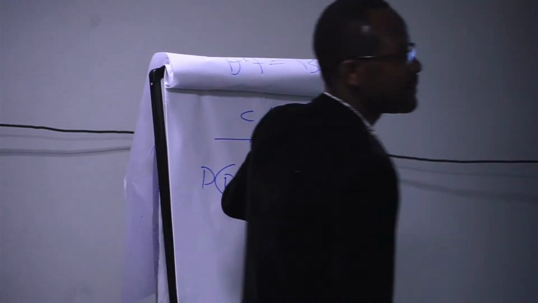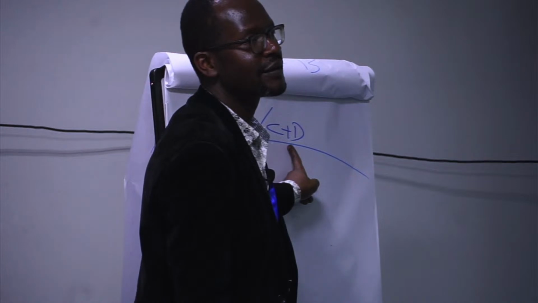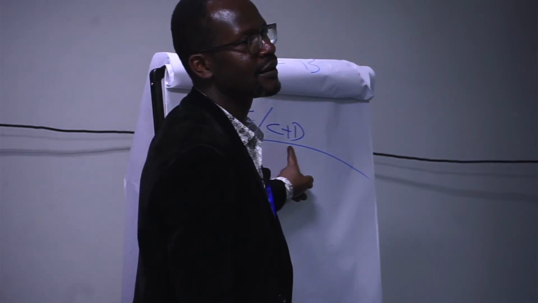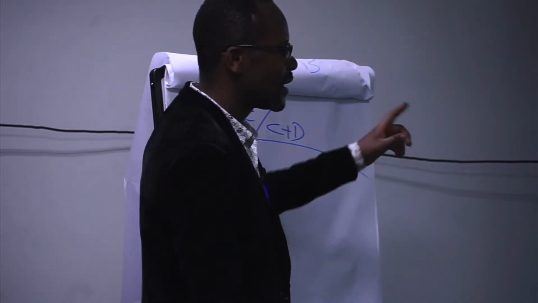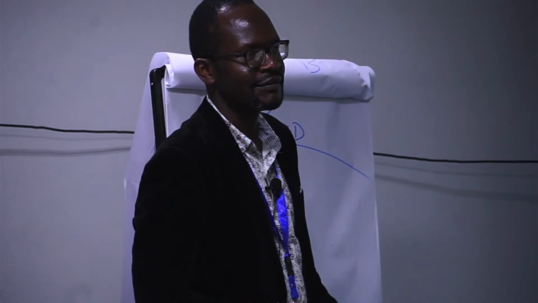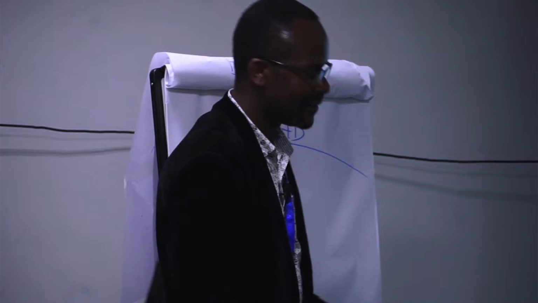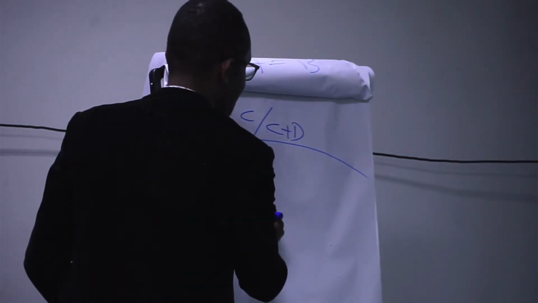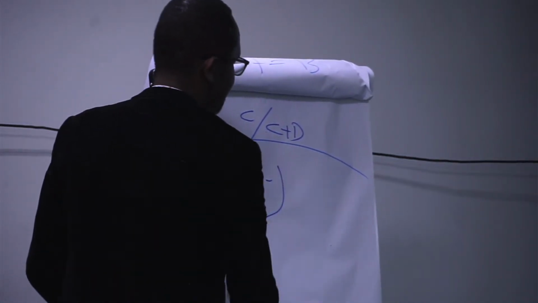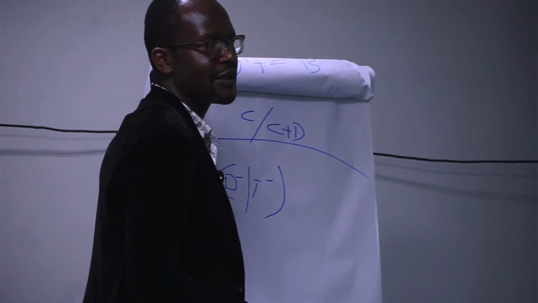So what is C over C plus D? Is the probability of, in the test side, disease negative given. Are we clear?